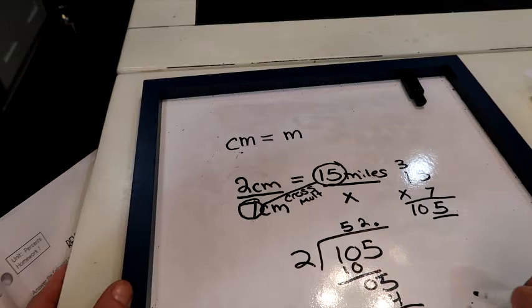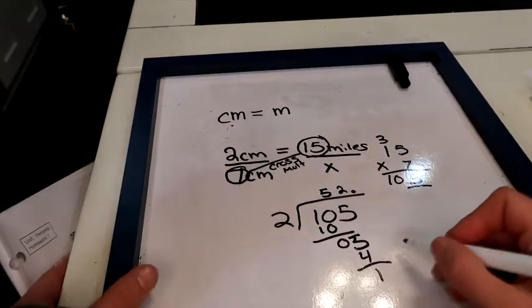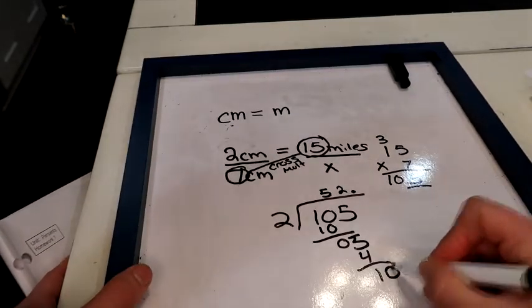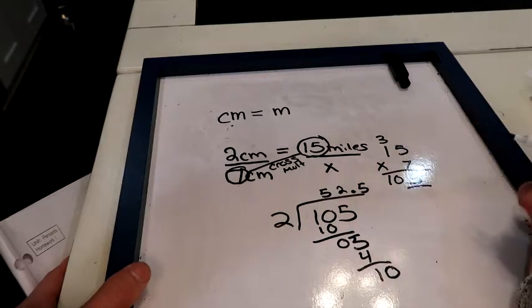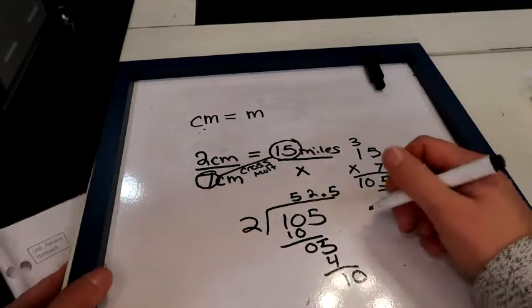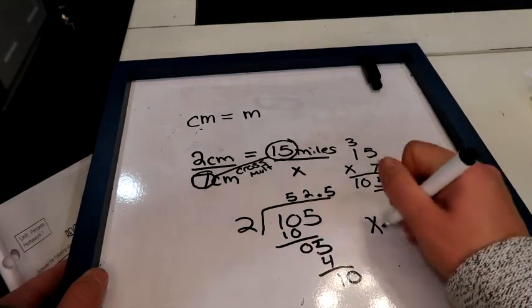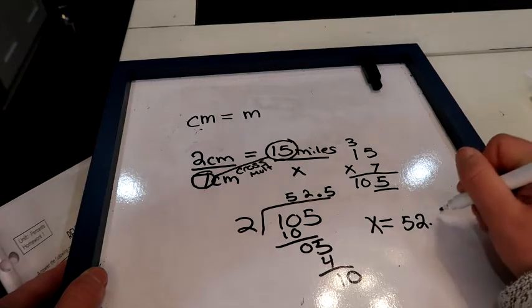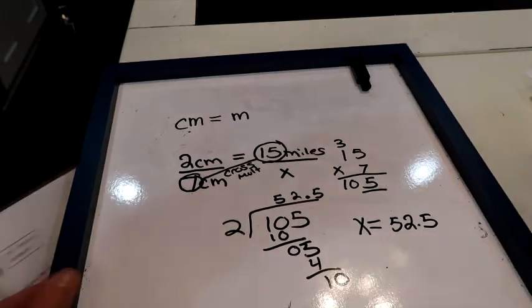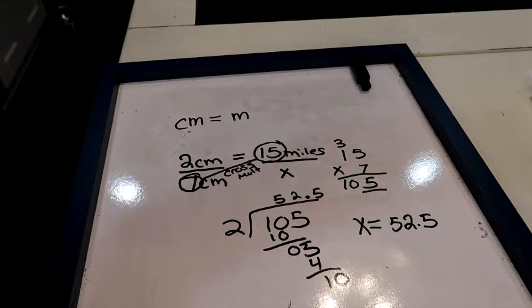Put your decimal point up because 2 cannot go into 1. Bring down the 0. 2 goes into 10 5 times. So our answer is x equals 52.5. Okay?